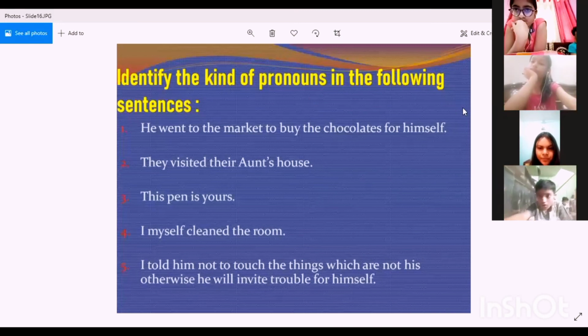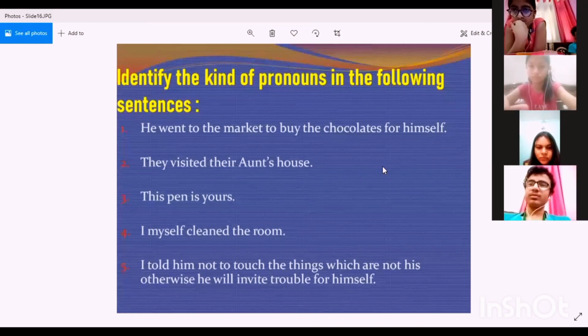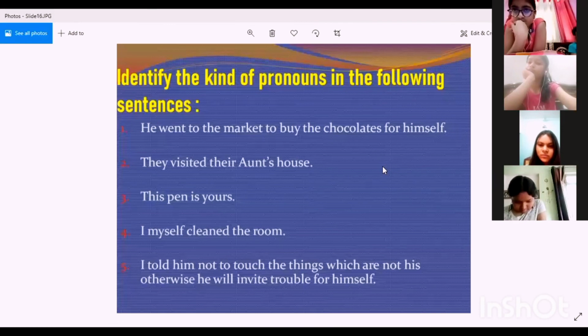Atal Srivastava. Yes. Ma'am, I and him are personal pronouns, and himself is a reflexive pronoun.